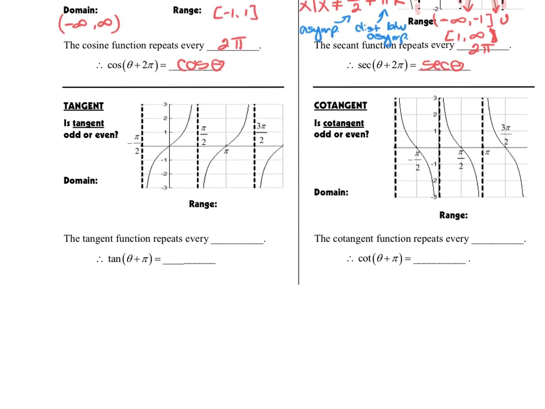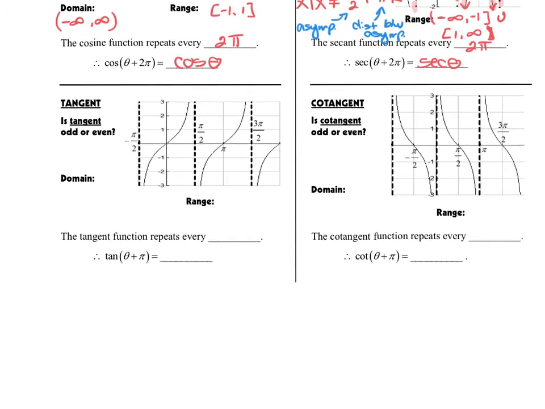Last ones we're going to look at are tangent and cotangent, and I'll be honest, these are often students' most complicated ones, so I would definitely spend some time looking at how these are the same and different. Our tangent function, we can see, has a nice rotational symmetry around the origin, so it's going to be odd.